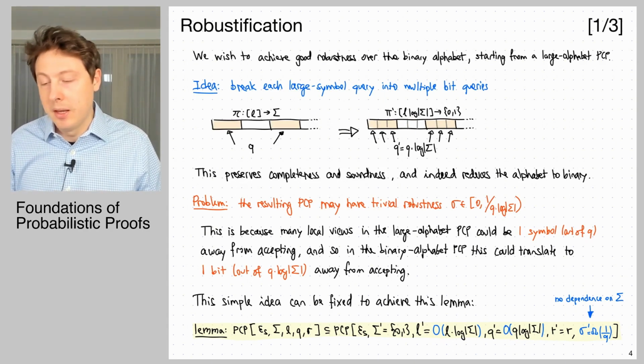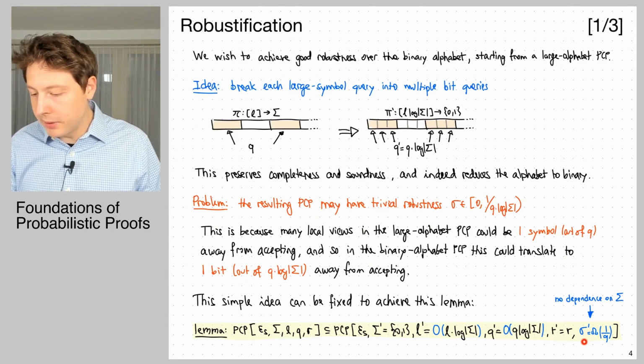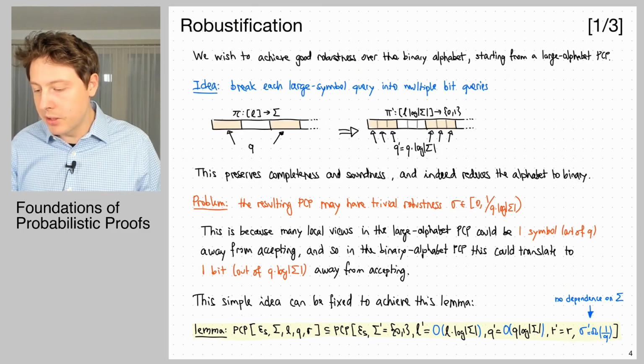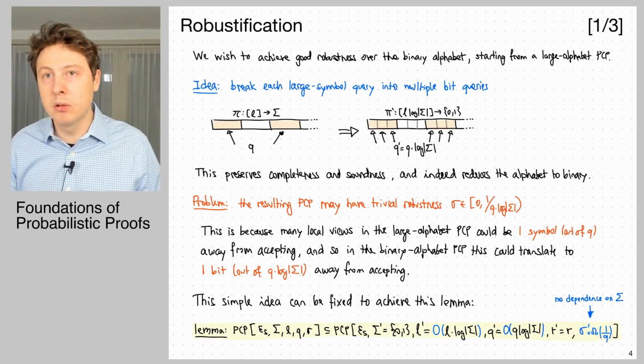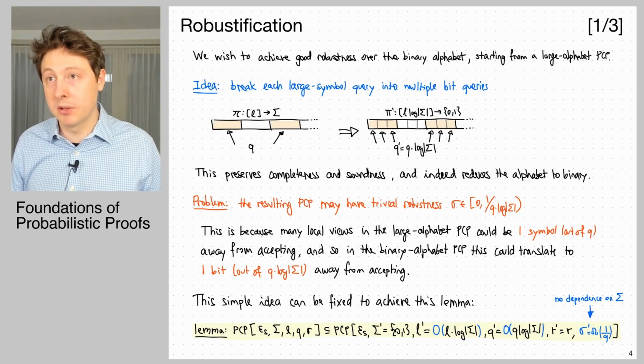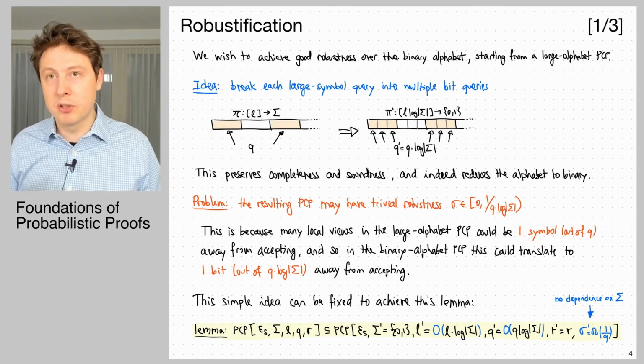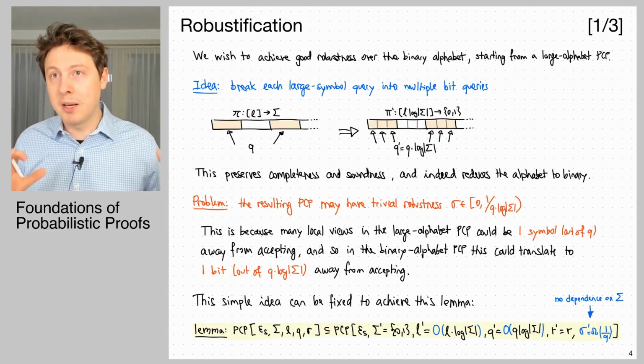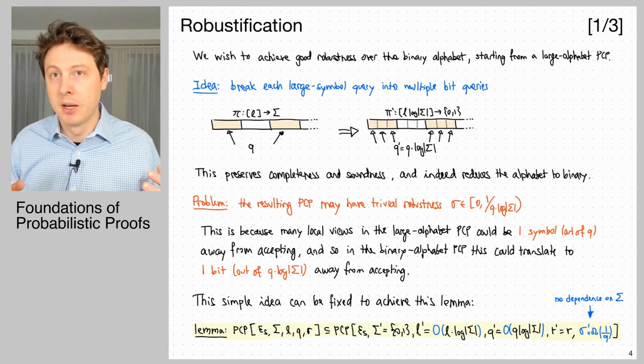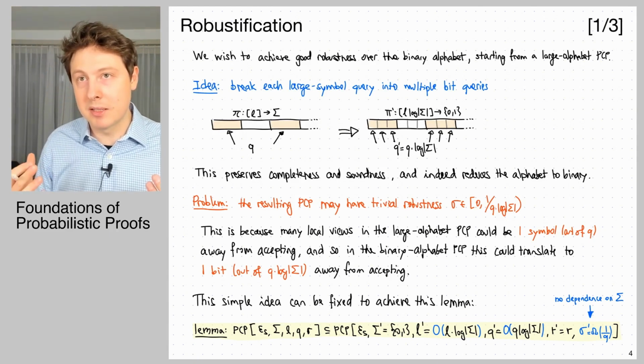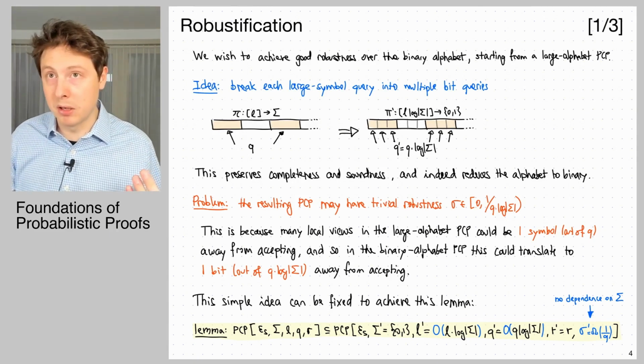But crucially, we're going to get a robustness parameter that is just 1 over Q rather than 1 over Q times log sigma. And again, we should be thinking about Q being constant because the robustification step will be applied after query bundling. So our regime is that Q is constant and log sigma is something like polylog.